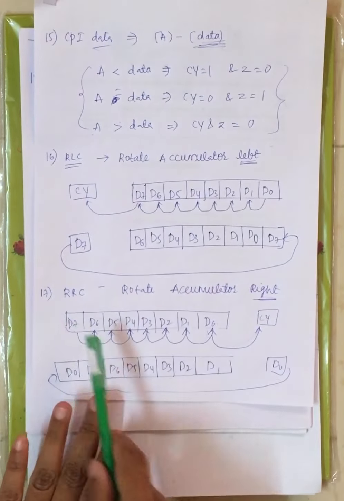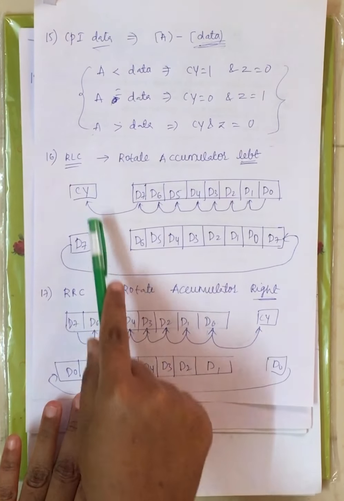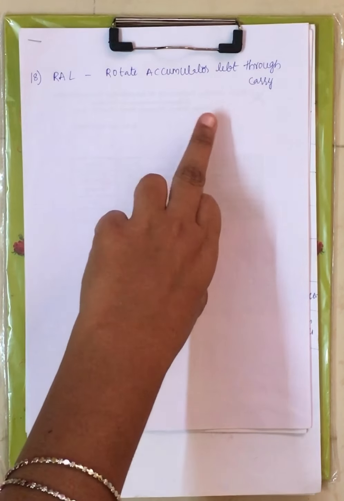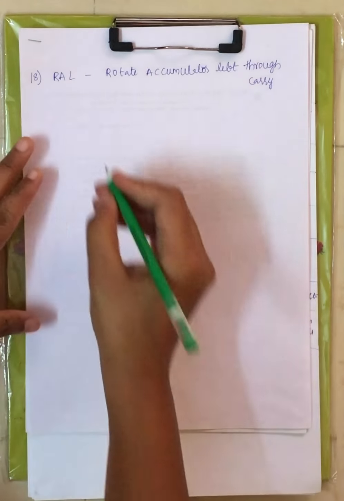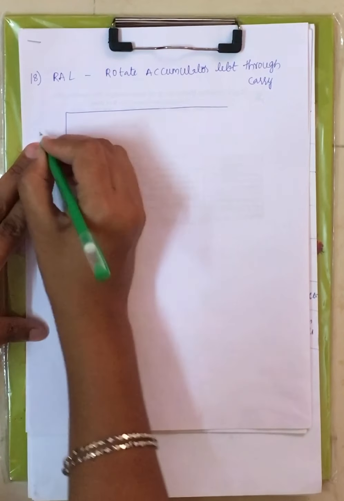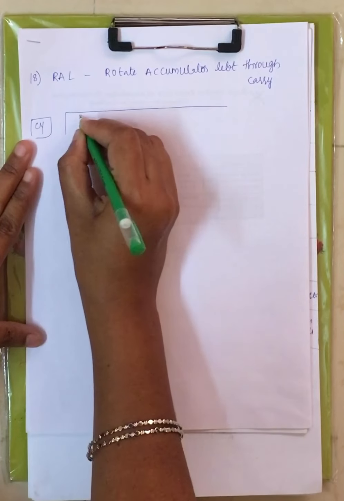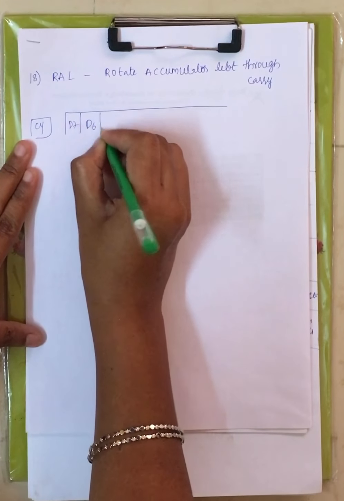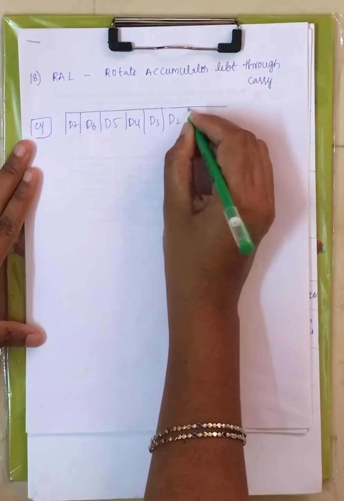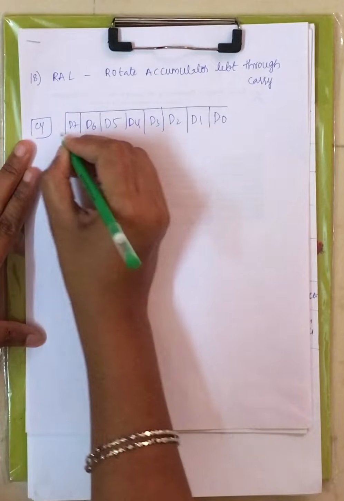If you see this instruction, in RLC and RRC we have neglected the carry flag, but here we are rotating to the adjacent left position or adjacent right position along with carry, right? Now I will give an example. You have the carry flag here, and next D7, D6, D5, D4, D3, D2, D1 and D0, right?